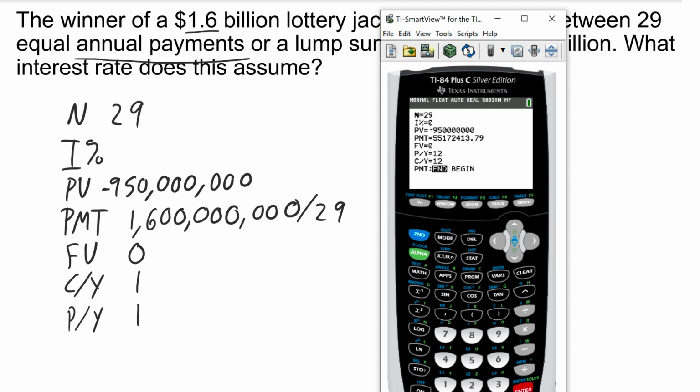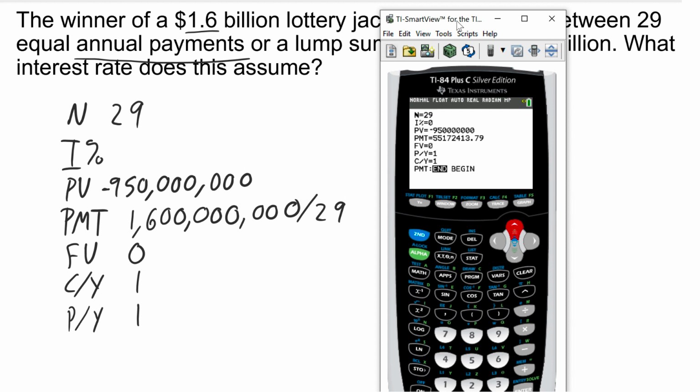And so what we end up with is $55,172,413.79. So that's how much money you would get paid each year for 29 years with a $1.6 billion jackpot. And lastly, our payments per year and compounds per year are both 1 since it is annual payments.